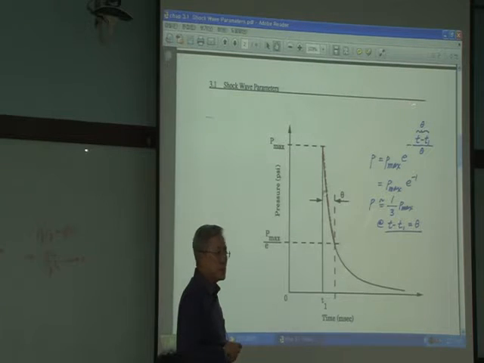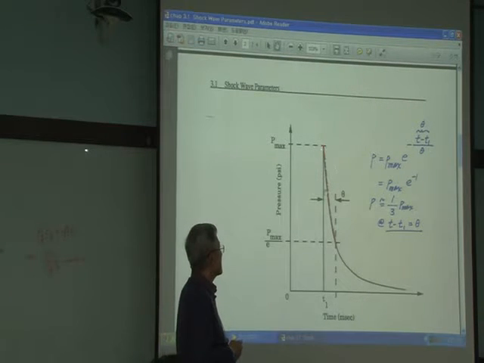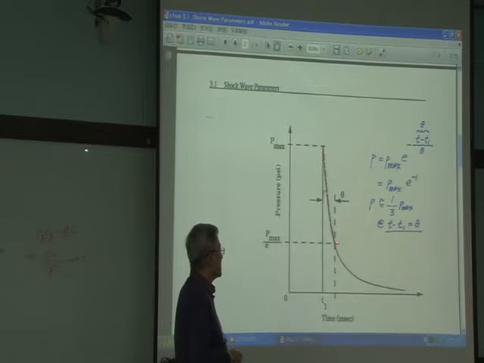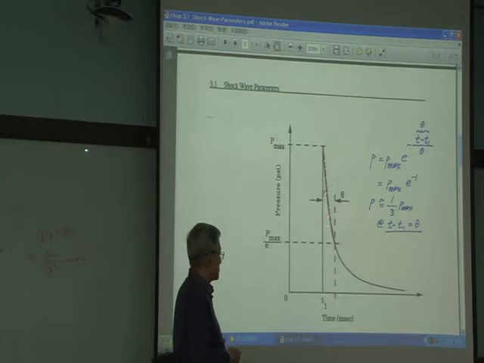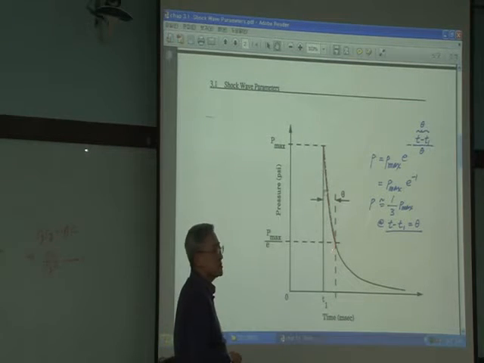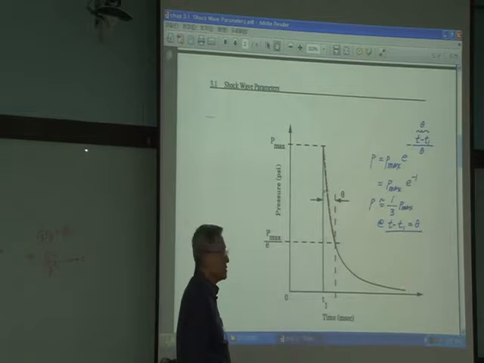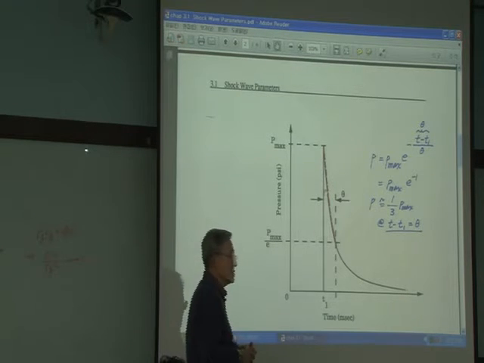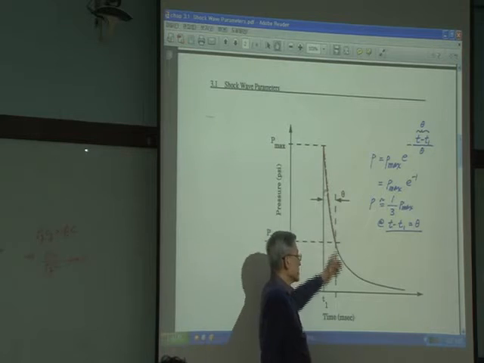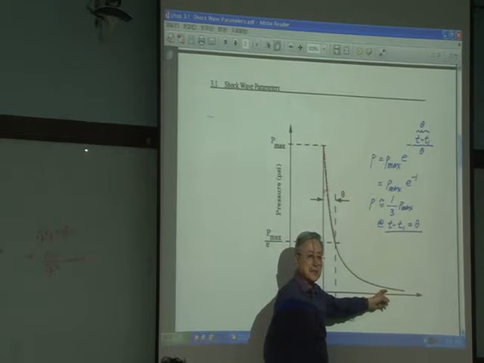Strictly speaking, from here to here you can really assume the shock wave pressure is good. After this is so-so. But in the prediction, I just use it all the way down as is, okay?